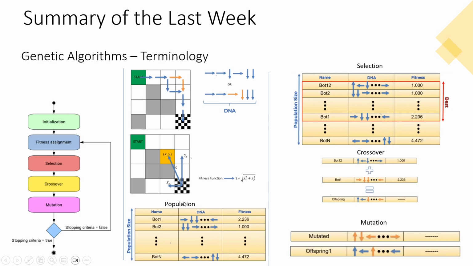And then we have seen a concept called population, and the population was basically the combination of these DNAs. And once we create a population, we were sorting this population with respect to their fitness, and then we were choosing the best performing elements, and that was called the selection.